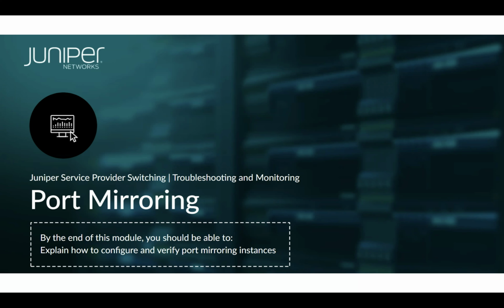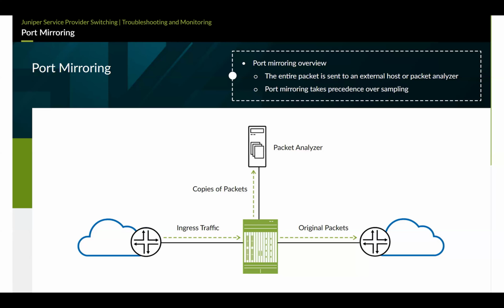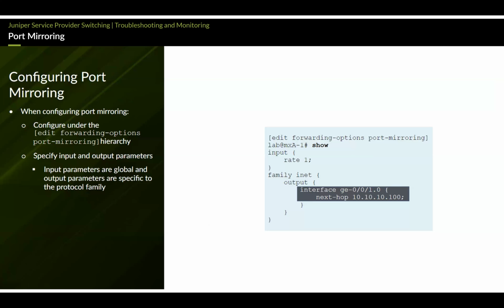It can be tcpdump or Wireshark. So the packet analyzer is connected to your device. You send one interface's traffic to your packet analyzer, and the analyzer analyzes the traffic: is it normal traffic or abnormal traffic?